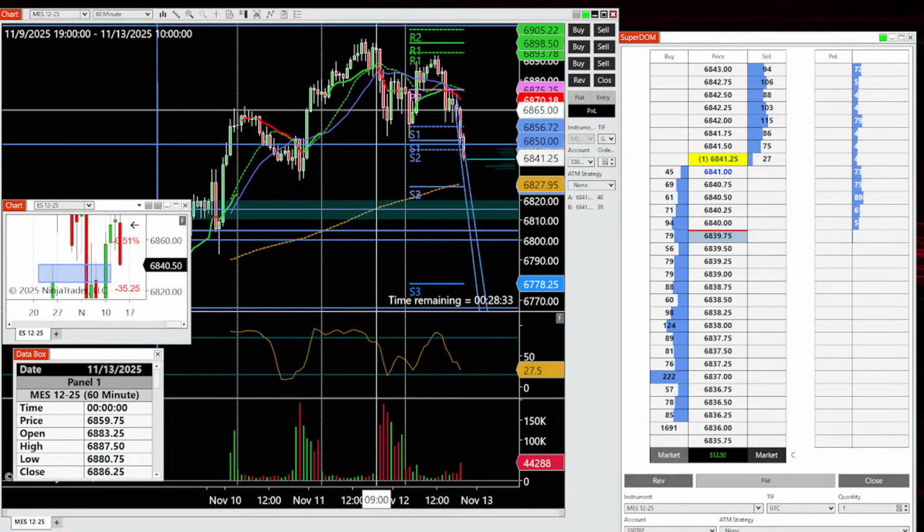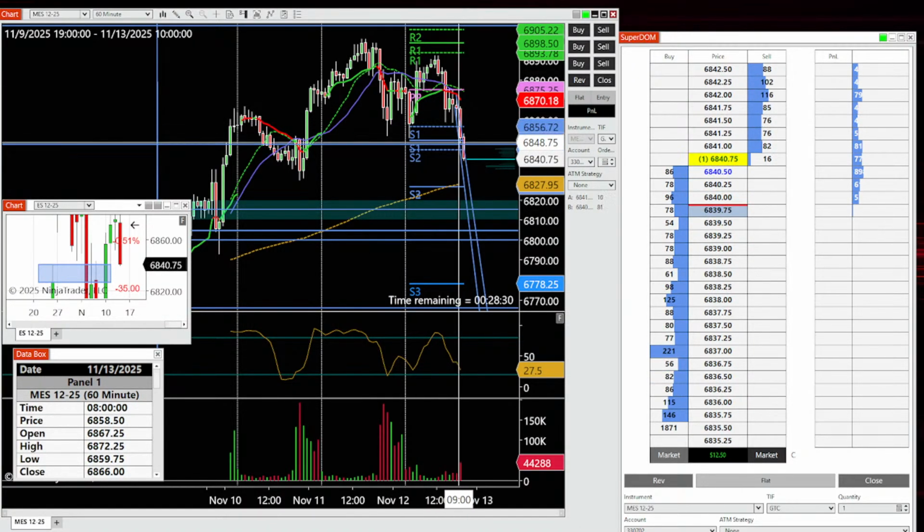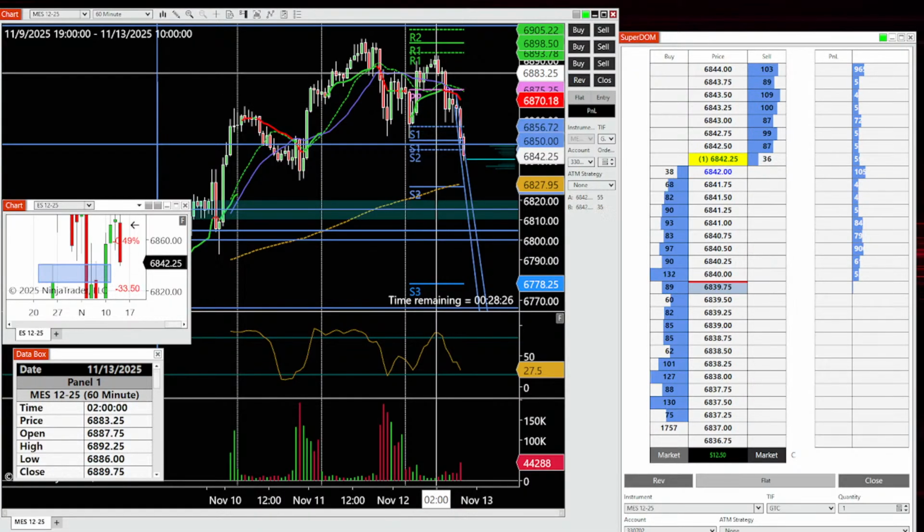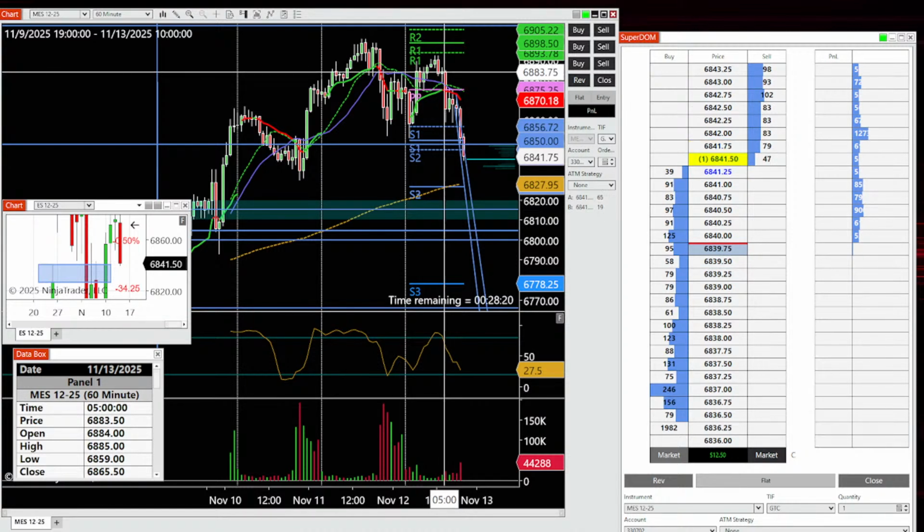Shoulders, head, the shoulders. 26 is the target on this head and shoulders. The high is 92, and the break is about 59 right here.